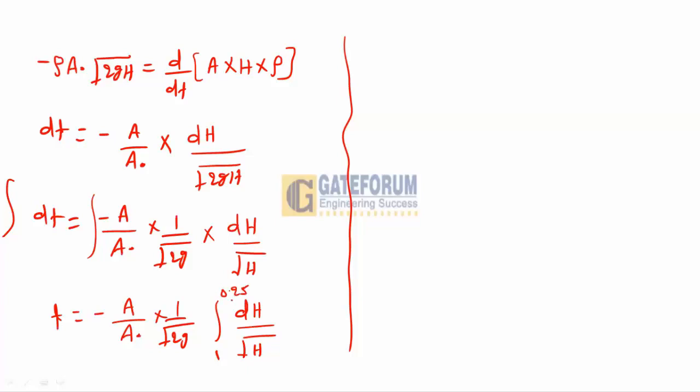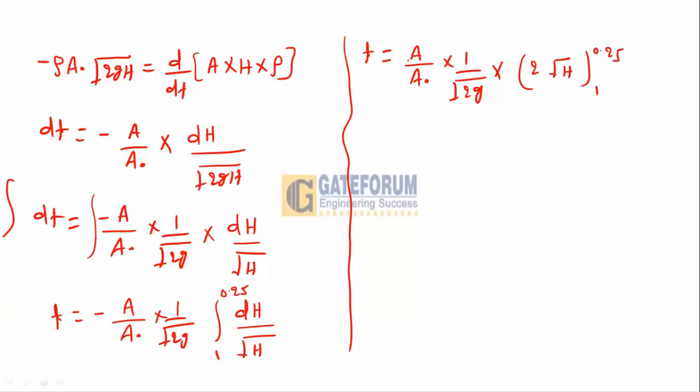If you integrate, my dear friends, you will get t equal to A upon A_0 multiplied by 1 upon root under 2g multiplied by 2 root under h, from 1 to 0.25.